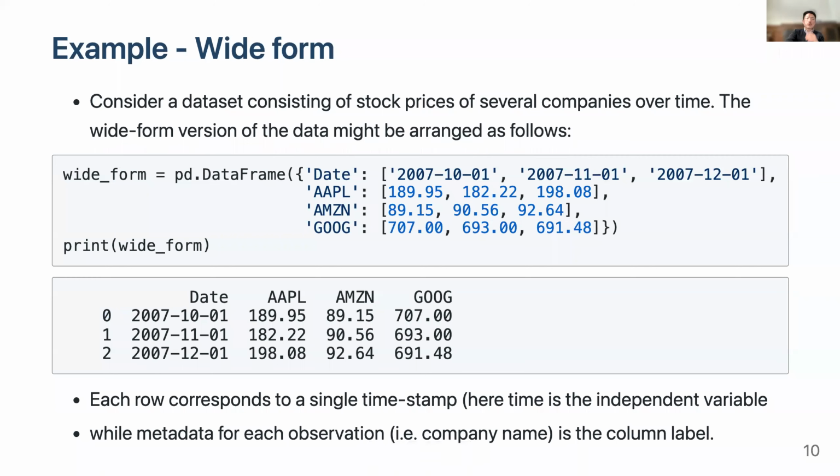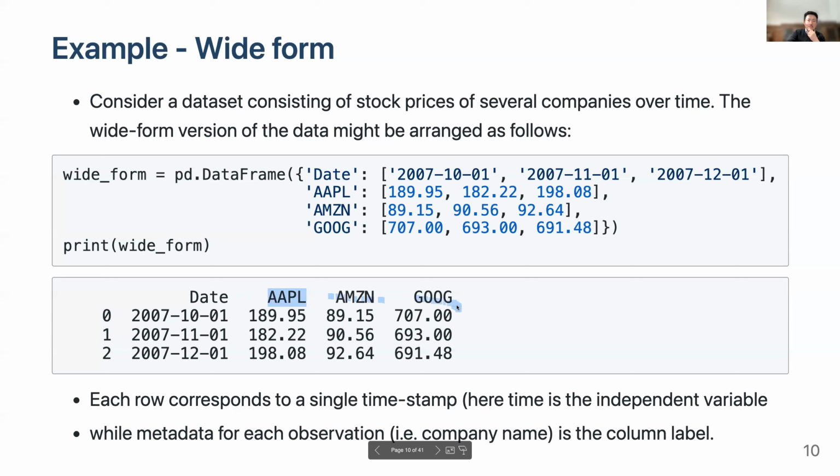So what you have here is essentially, for this row, the values for Apple, Amazon, and Google. So you have three different values. These are not like three attributes of the same thing.